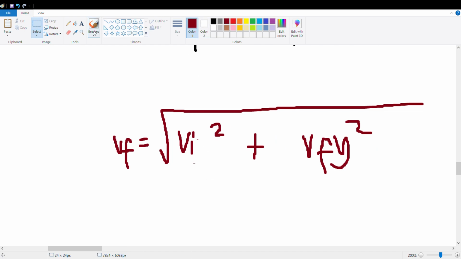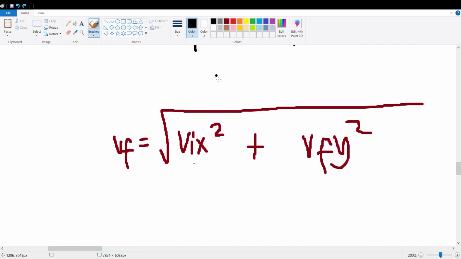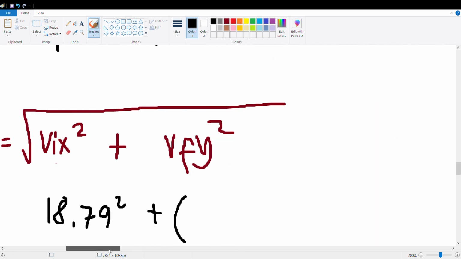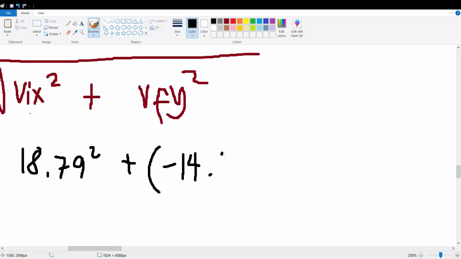But yeah, it can be interchanged because you're adding it. VIX here is 18.79 squared plus VFY here is negative 14.23 meters per second squared.